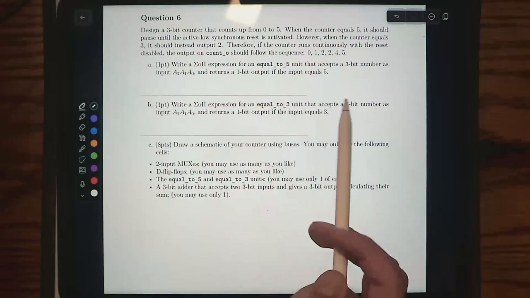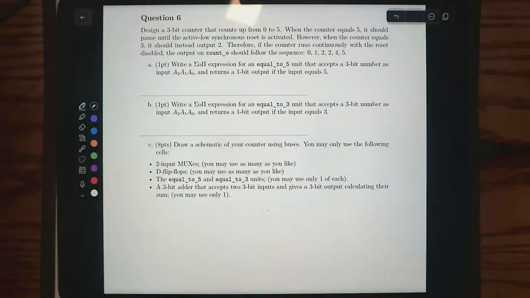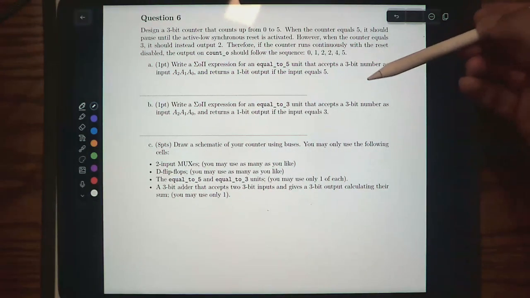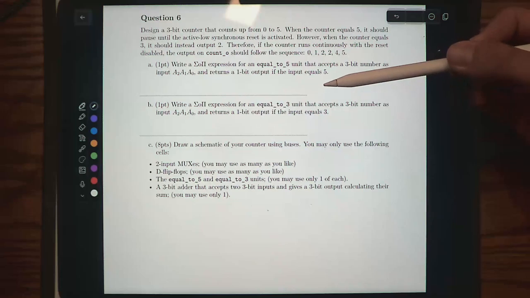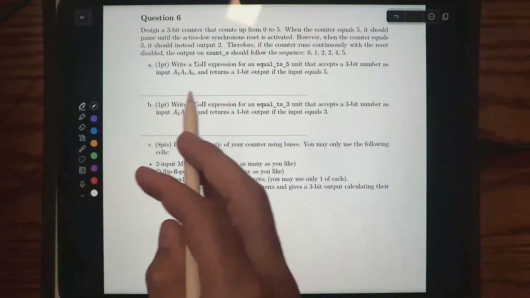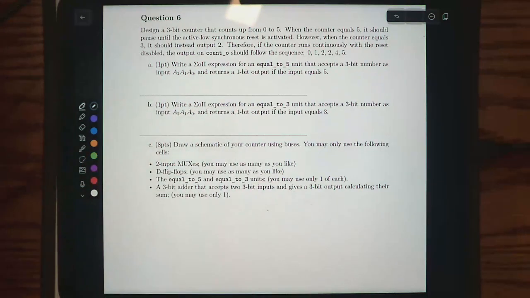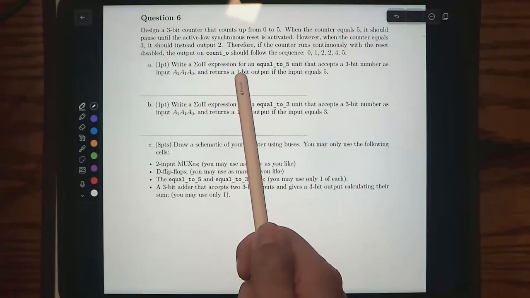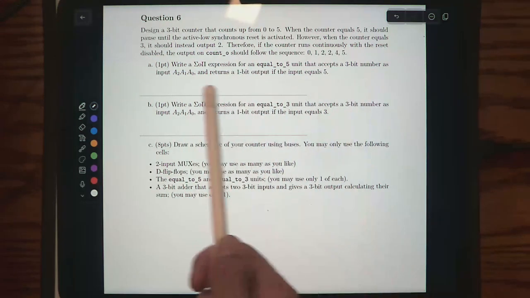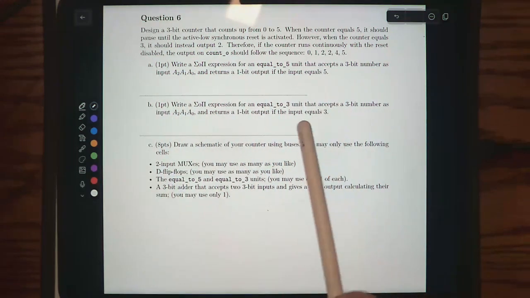For the equals 5 unit, most people were able to get this question, but okay, what is the sum of products expression given the inputs A2, A1, A0, where we will have a 1 only if this input equals 5? So what is this expression? Any volunteers?